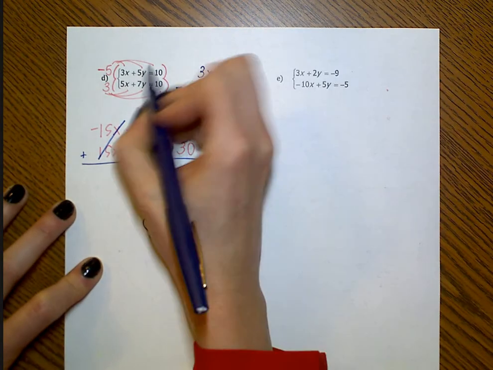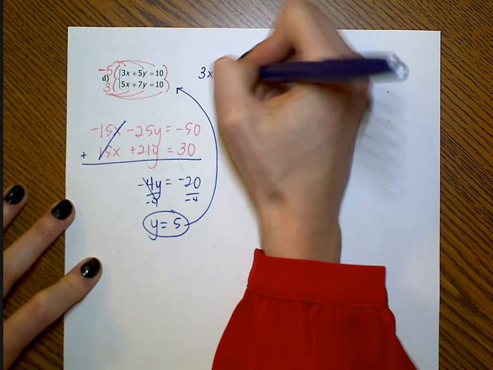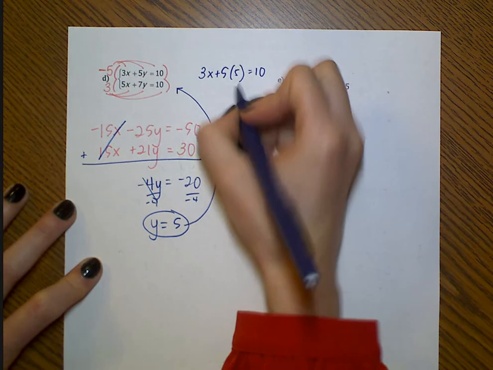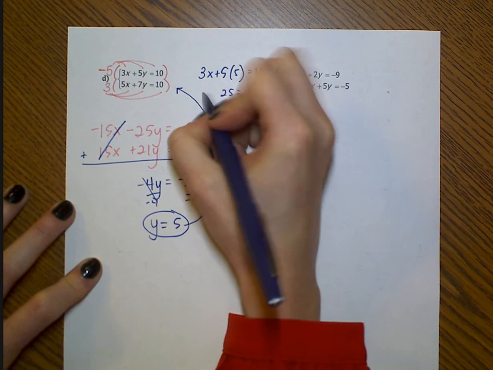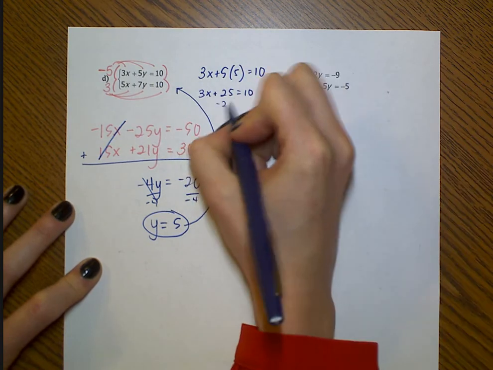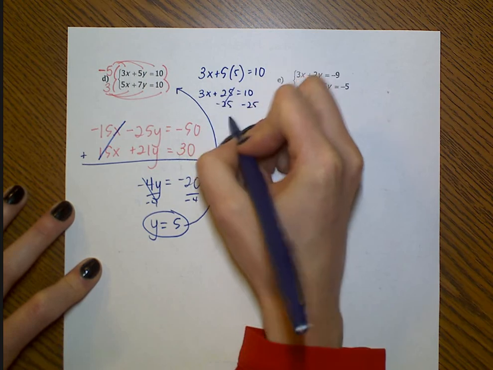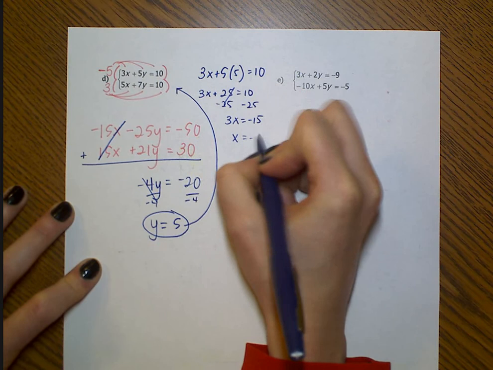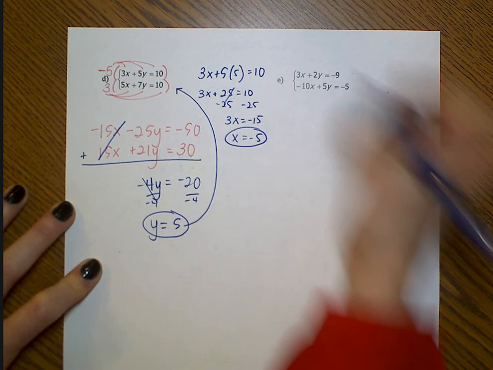I know y is 5, so I'm going to plug that in there. 5 times 5 is going to give me 25. And then if I subtract 25, 3x equals -15, and divide by 3, x is -5.